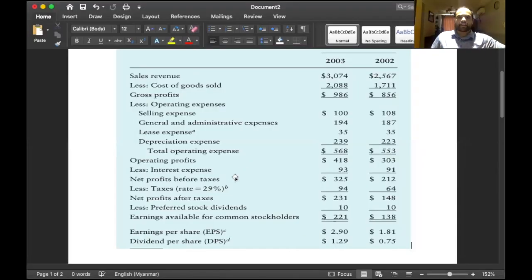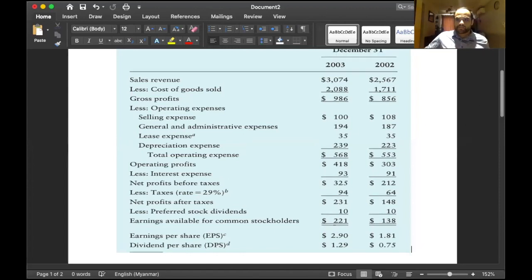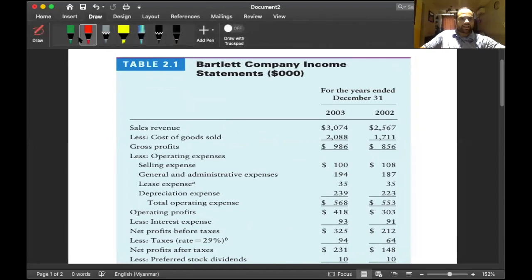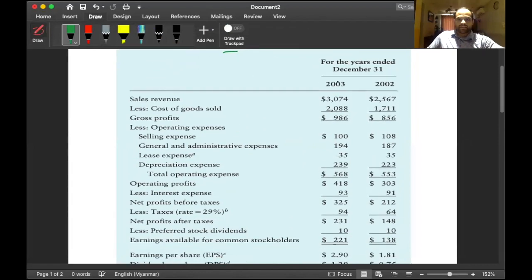So here is your file. Okay, so this is the company. Let me give you a quick glance over the information in this file. This is your income statement, as you can see, for 2003 and 2002.